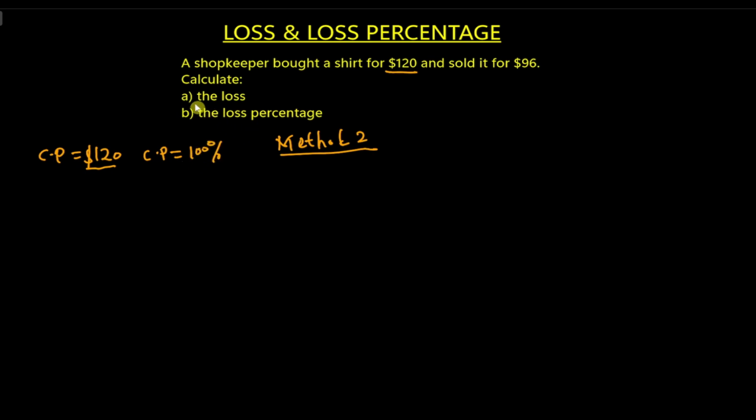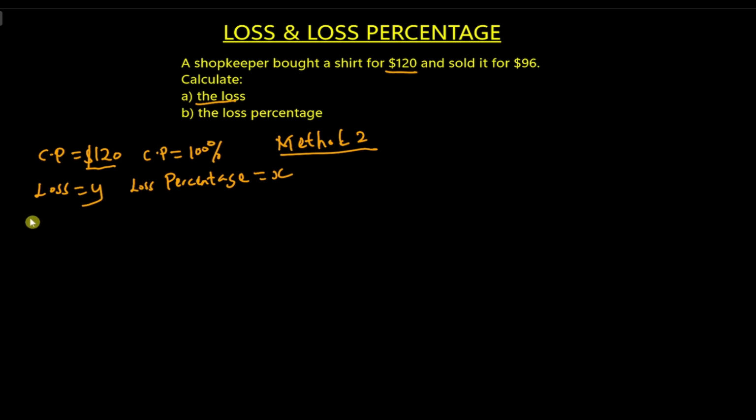Now the loss over here that we are looking for, we don't know, so the loss is unknown, so let's represent it by any variable. Let's call it y, and the B, the loss percentage, that one too we don't know, so we can even call it x.